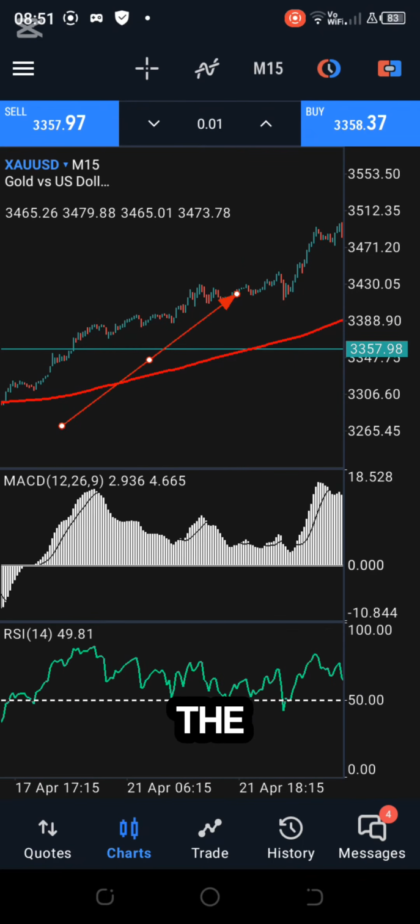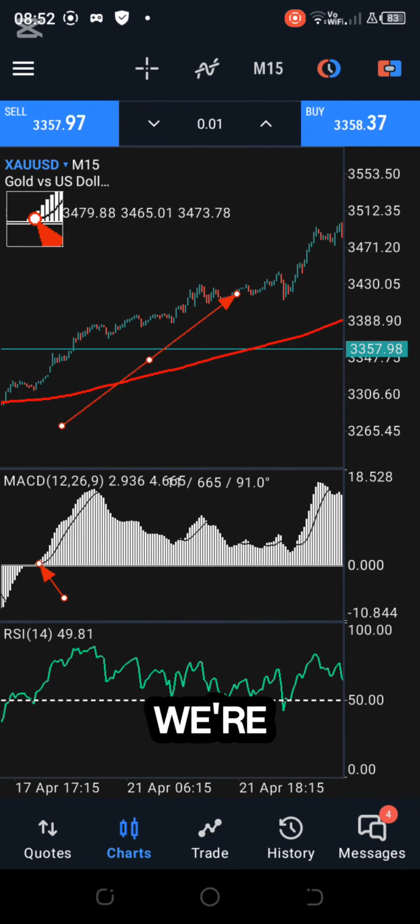Using the MACD as our trailing stop, when we had a crossing above right around here, we're going to buy.